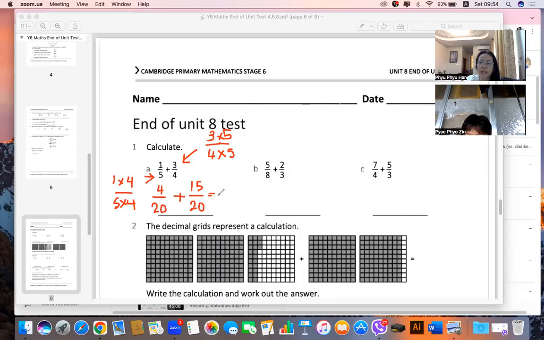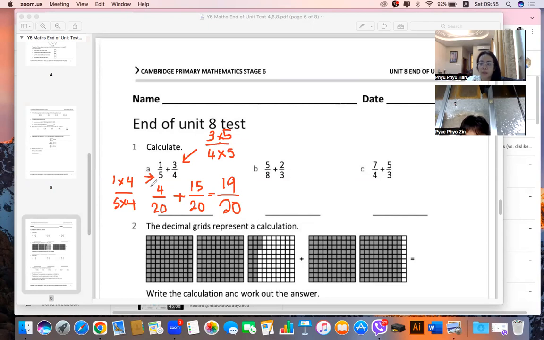Now we can add. So this 20, we will write 20, not 40, because the denominator, we already made it into 20. So now 15 plus 4, what do we get? 19.